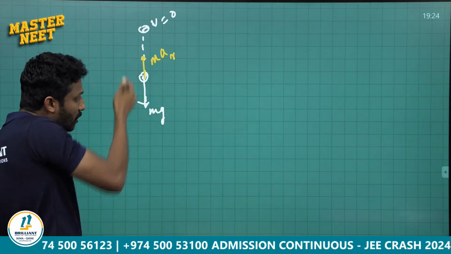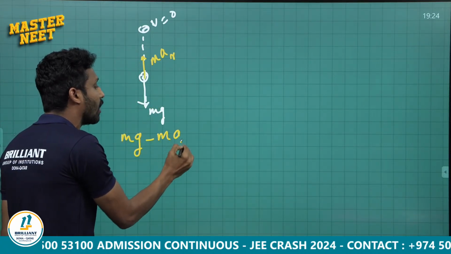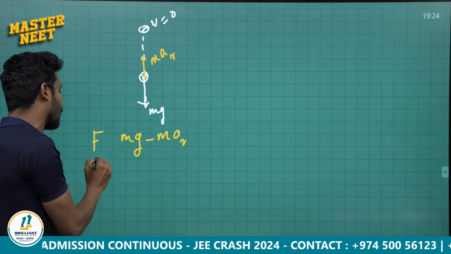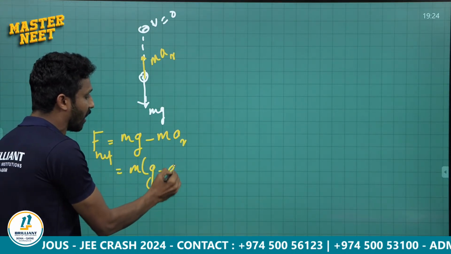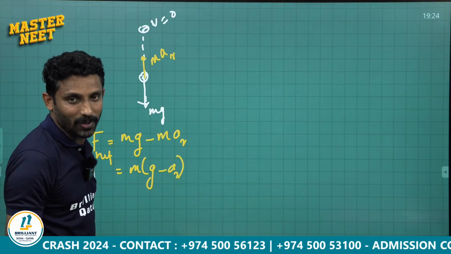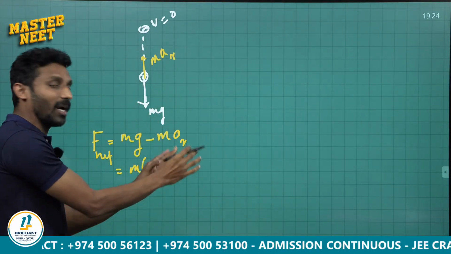Now what is the net force downward? The net force downward is mg minus m into ar. Understood? Which means m into g minus ar is the net downward force, so the acceleration experienced by the object is g minus ar only.